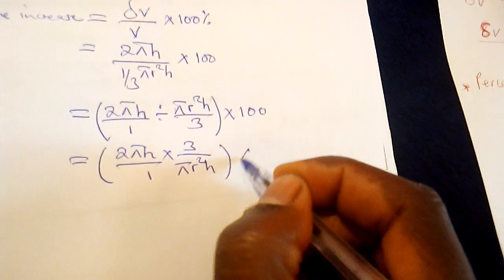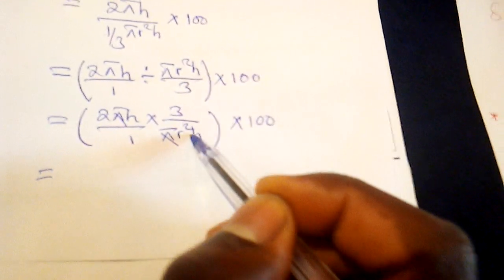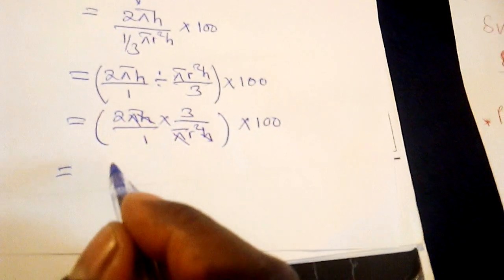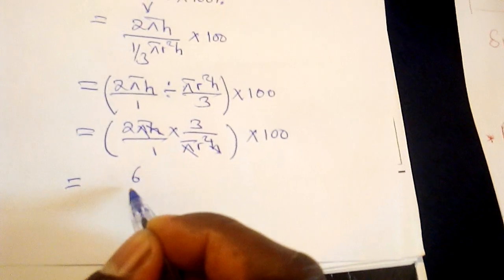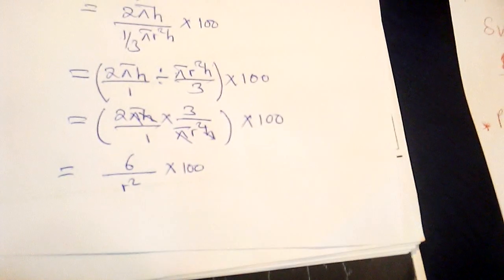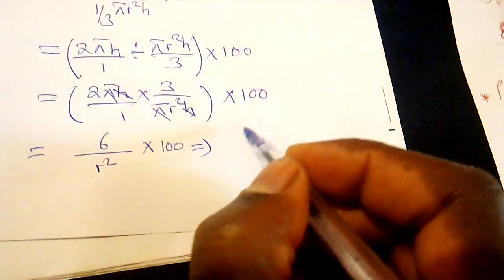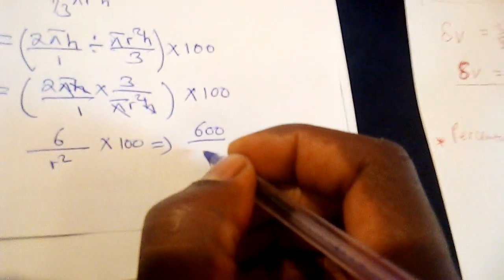If you simplify this further, the pi and the pi will cancel, the h and the h will cancel, so we have 2 by 3 is 6, so here we're going to have 6 over r squared times 100. This can be simplified as 6 times 100 is 600 all over r squared.